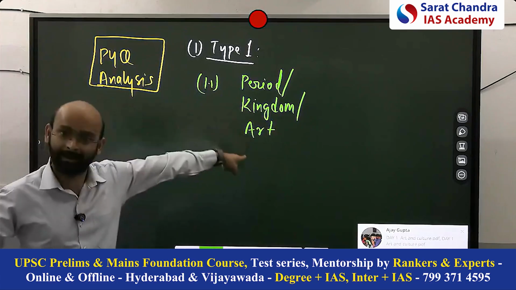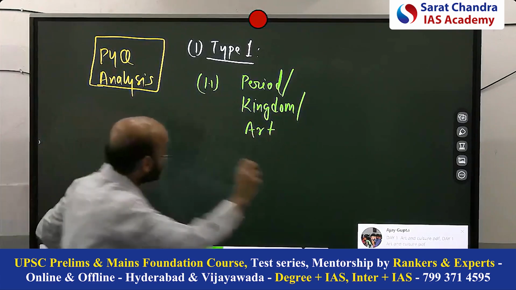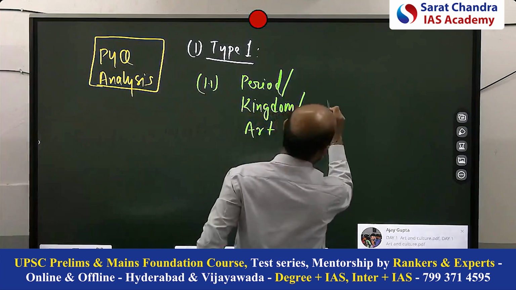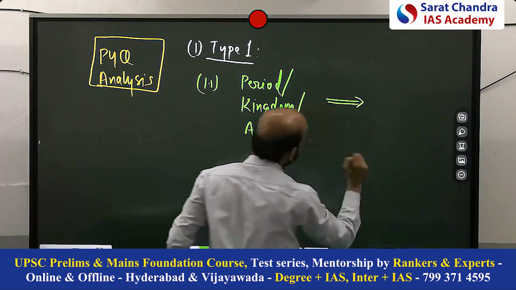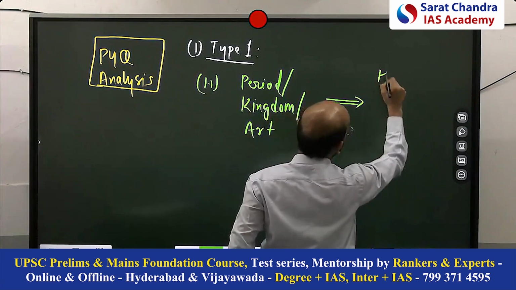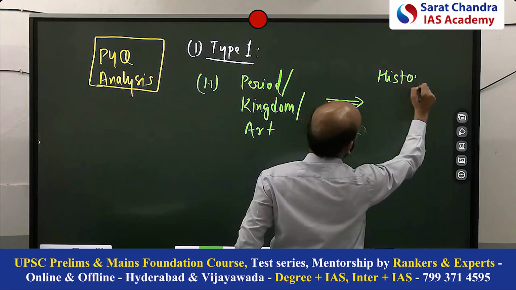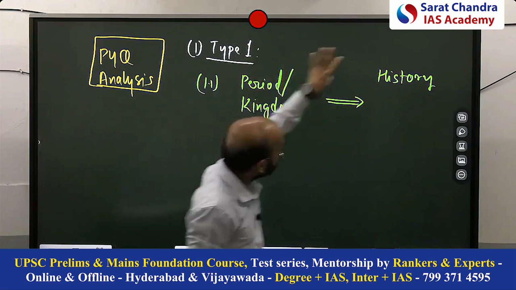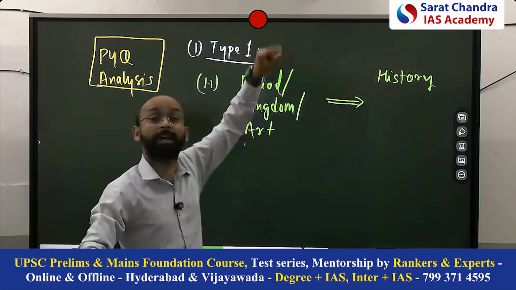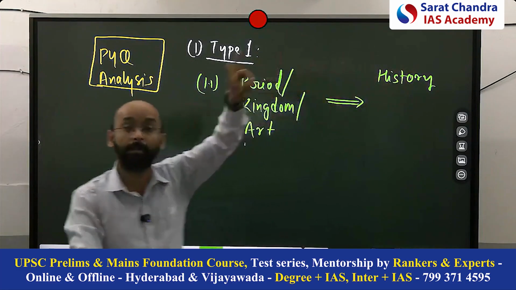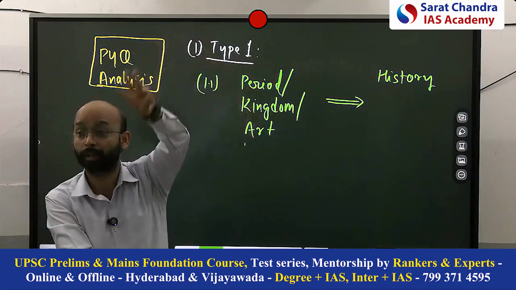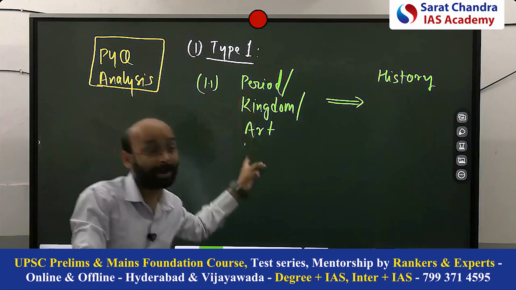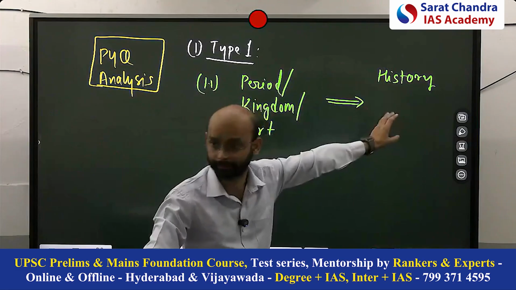They ask us to link it with the history of that period: how the art was important to know the ancient history, to know the Pallavas' time, the Cholas' time, how art is helping us to know that.